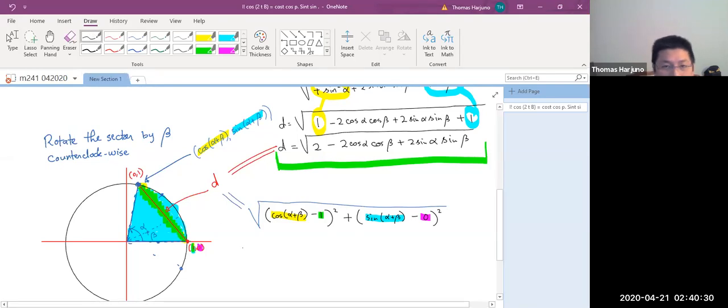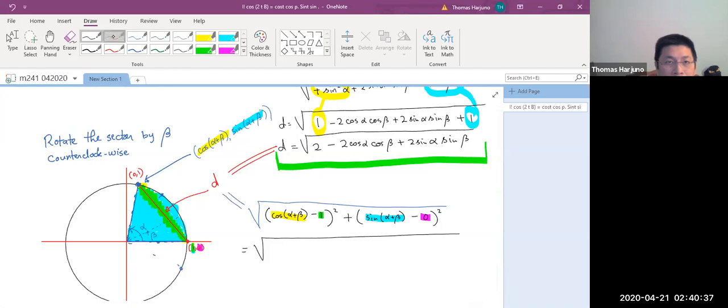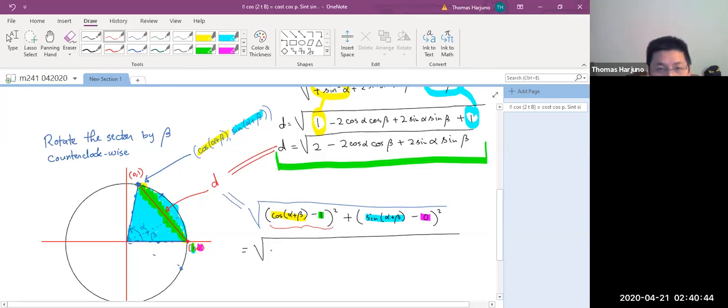Now then, that's equal to the square root of, now notice that this part here, if I FOIL that, it becomes cosine squared alpha plus beta minus 2 cosine alpha plus beta plus 1.